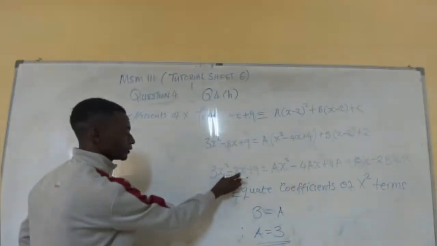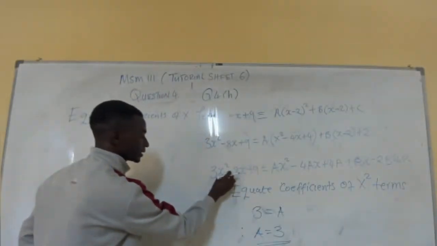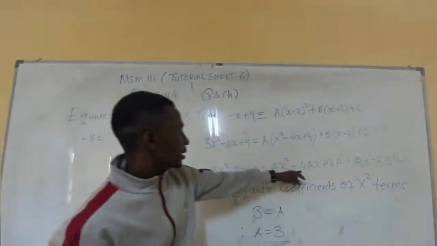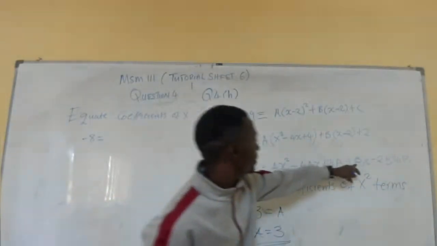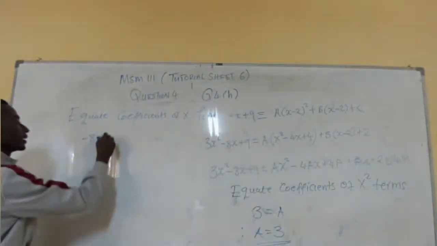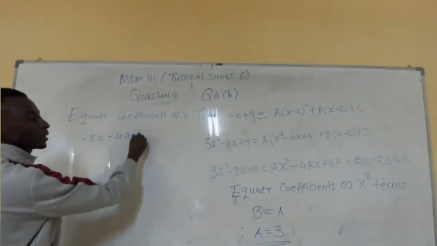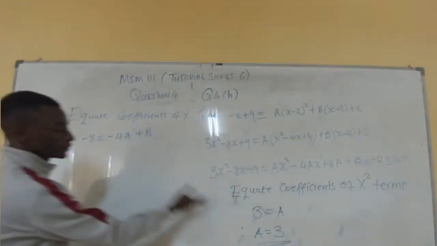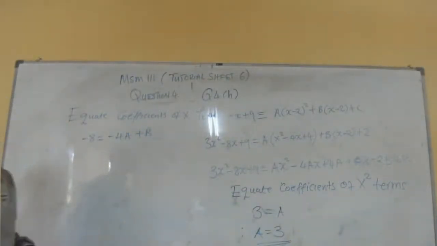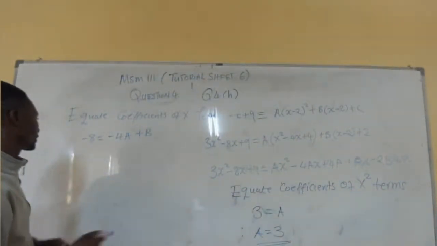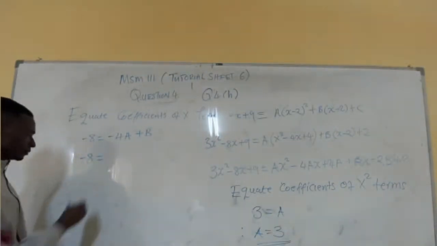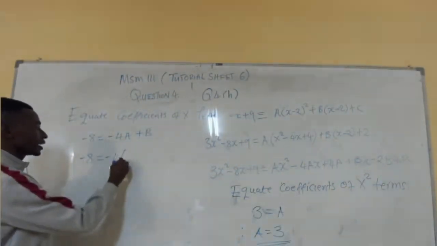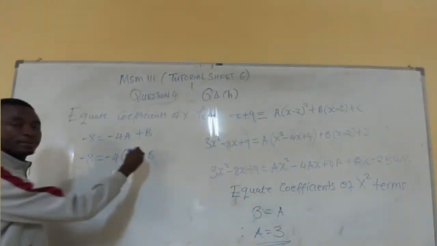The coefficient of x here is negative 8. So you say negative 8 equal to negative 4A plus B. Now we know the value of A; what we want to find is the value of B. So negative 8 equal to negative 4 times the value of A, which is 3, plus B.